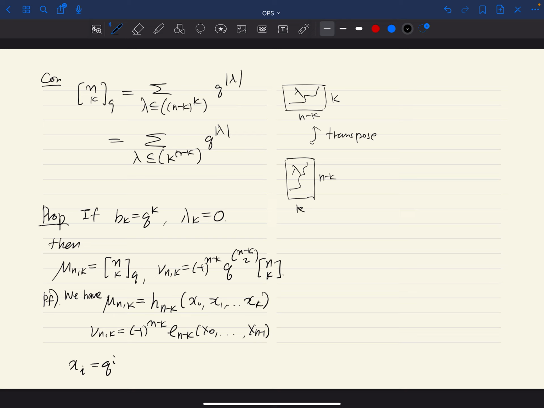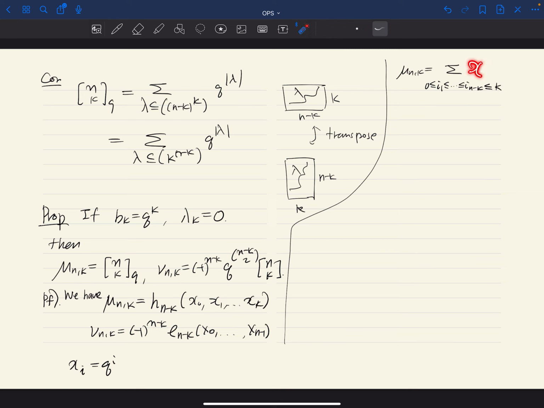Okay, maybe I can continue here. So, but what is this? What is mu n,k? If you plug in x_i equals q to the i, this is going to be a sum over, by definition of the homogeneous symmetric function, indices 0 ≤ i_1 ≤ ... ≤ i_{n-k} up to k, right?